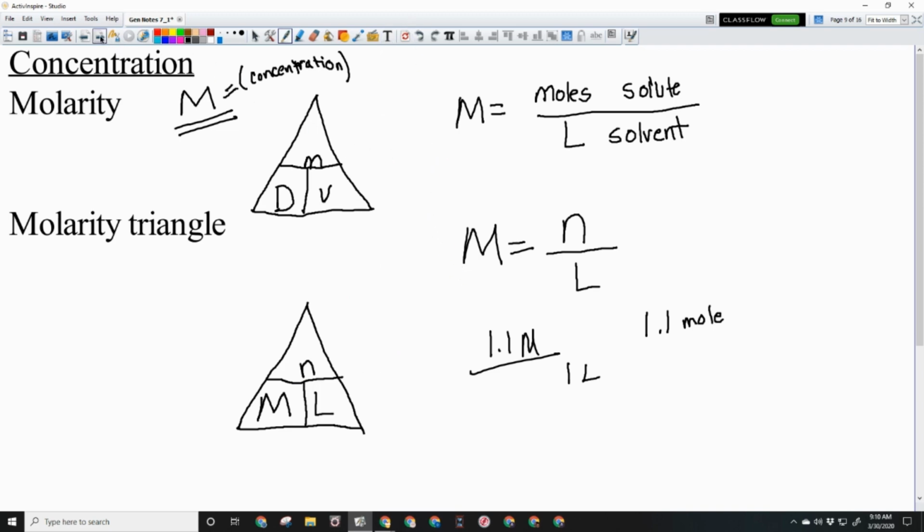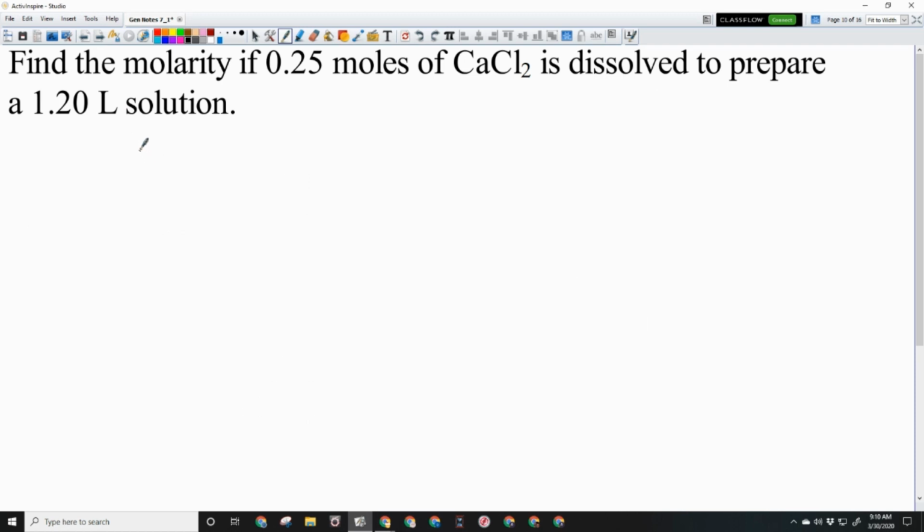All right, let's look at a sample question. Pause here and write down the sample question in your notes, because on these quizzes you're able to use your notes. Find the molarity. Molarity is what we're looking for, so I'm going to start listing out as I read, still using GLUES. Find the molarity, so that's the question mark, molarity.